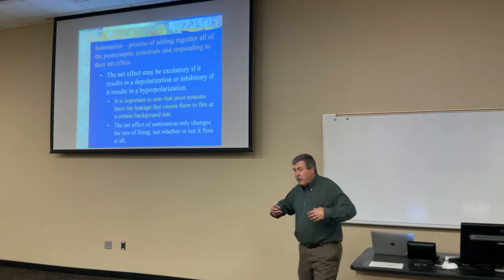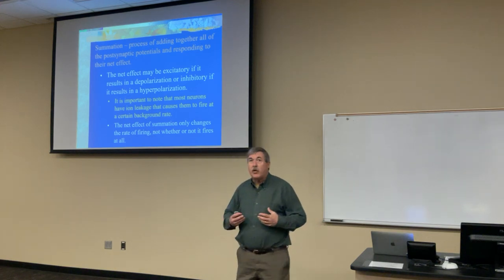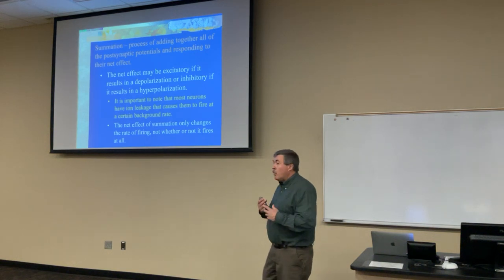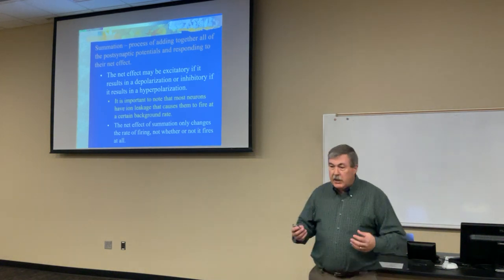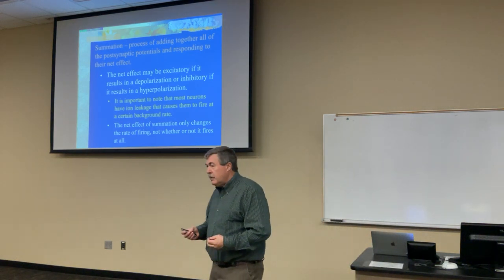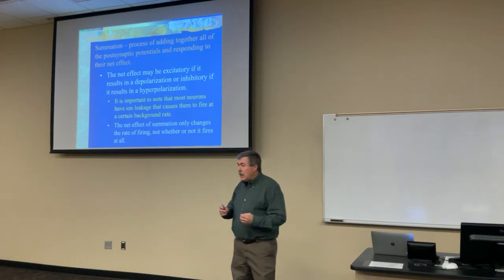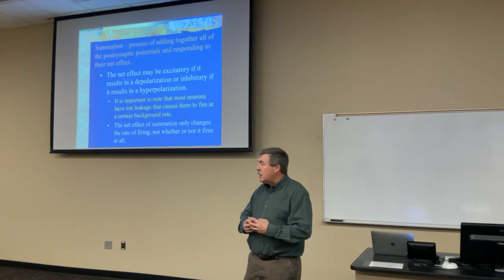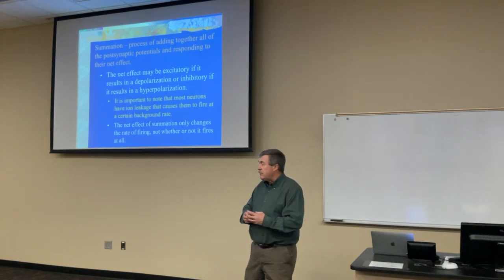Okay, now we're going to take a closer look at a form of neural integration. One of the ways that neural integration can occur is by a process called summation. Summation basically involves the combining of two or more local potentials on a postsynaptic neuron.